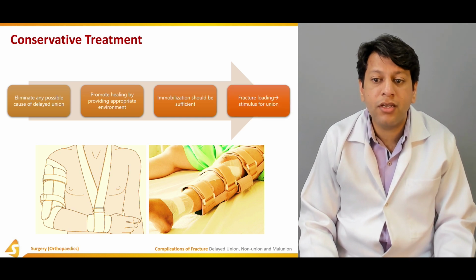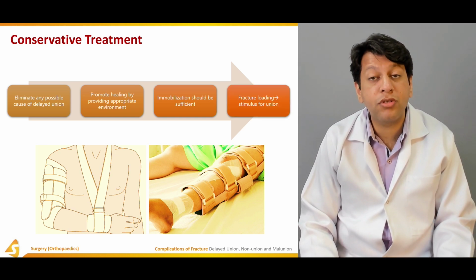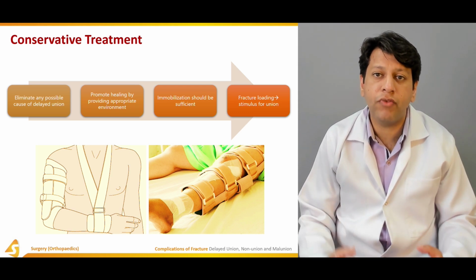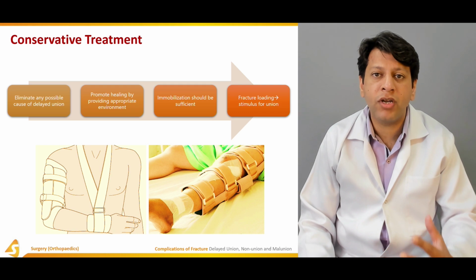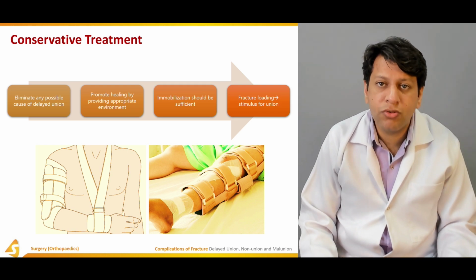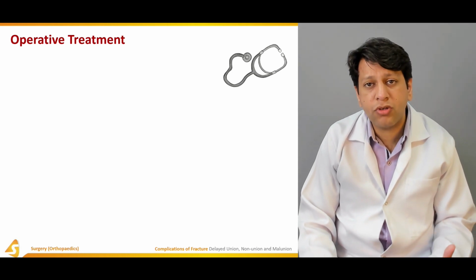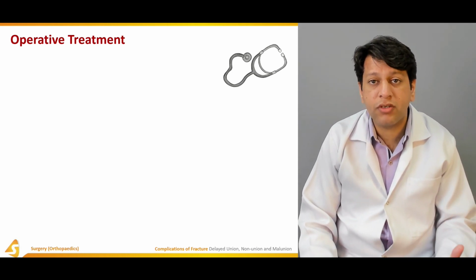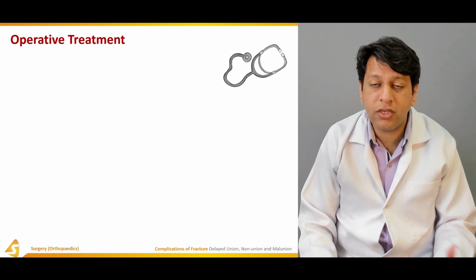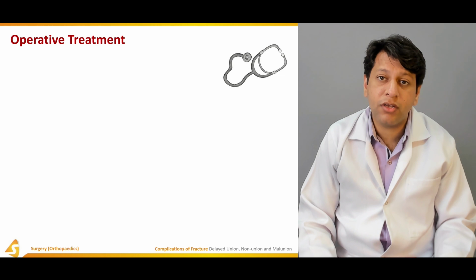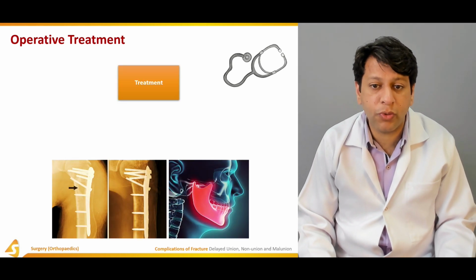Then fracture loading, or stimulus for union. Fracture loading is when the patient starts bearing some degree of weight on it, gradually increases the weight bearing, and eventually leads to union. Then, if it's infection, or if despite all these measures the patient has progressed to non-union, then probably operative intervention is sometimes required.